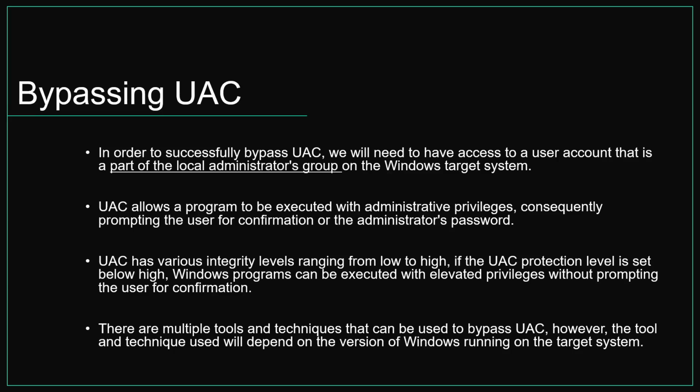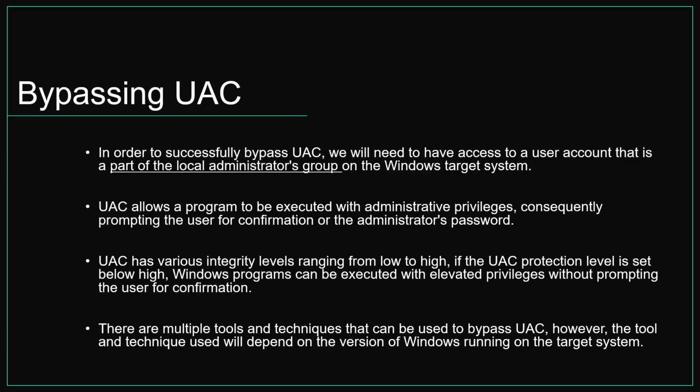So in terms of bypassing UAC, in order to successfully bypass UAC, we will need to have access to a user account that is part of the local administrators group on the Windows target system. And of course, if you're a penetration tester, this is something that you've come across quite a lot. So for example, if I obtain a Meterpreter session on the Windows target, and if I take a look at the permissions that I have, I may be a user that's part of the local administrators group, but I still cannot do anything that requires elevated privileges.